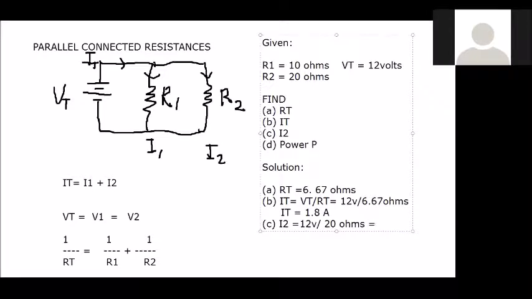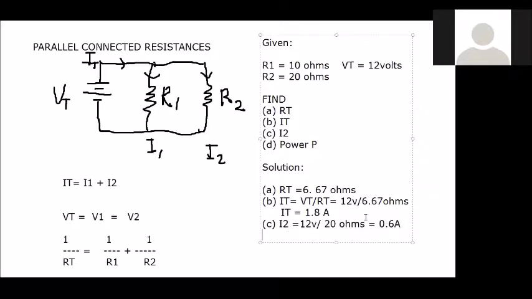That gives you 0.6 amperes. So the total current was simply split. One is 0.6, so if you subtract that from 1.8, the other current I1 will be around 1.2. 1.2 plus 0.6 will be 1.8 all in all. So the currents are simply added together.